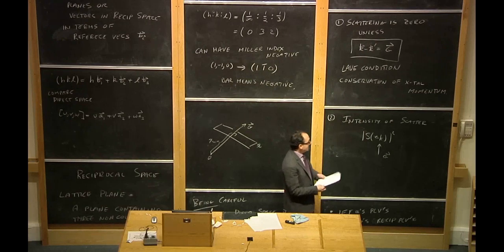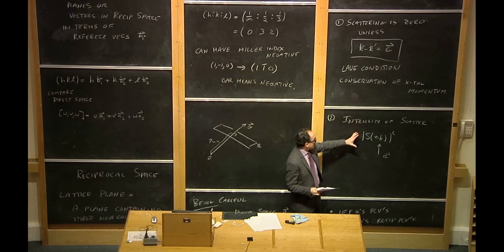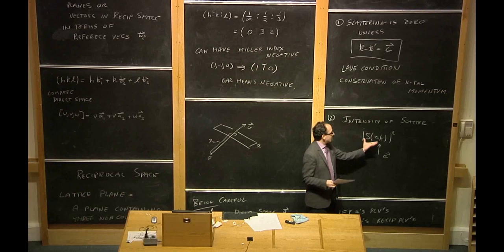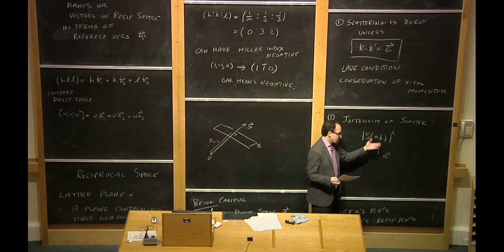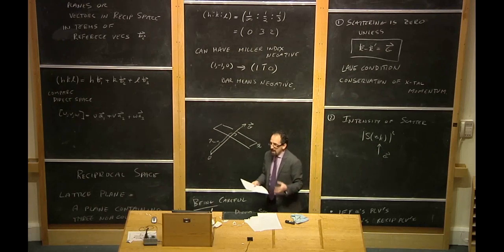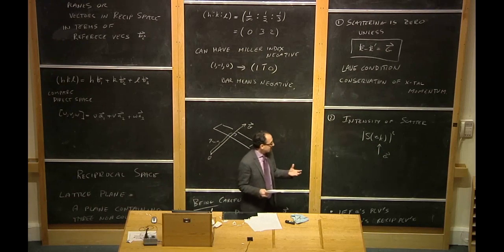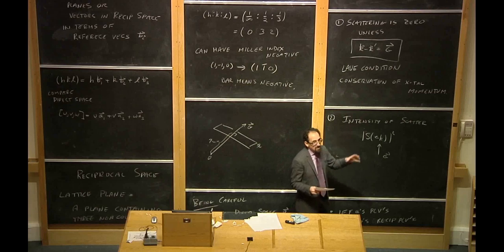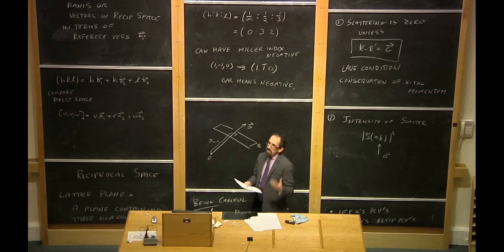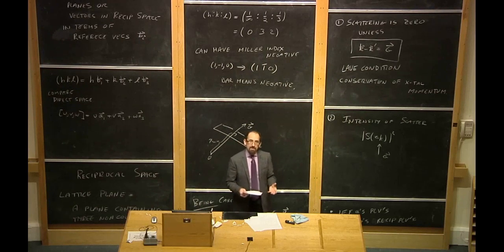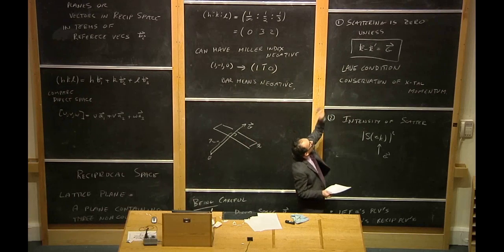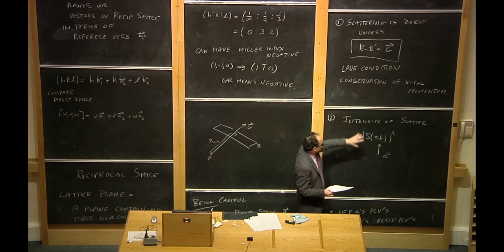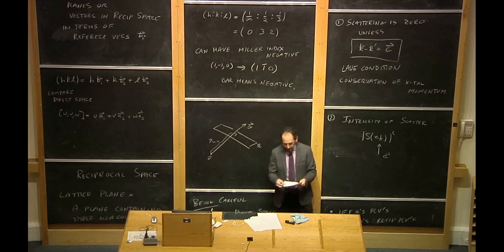So if you measure the intensity of the various scatterings, you can figure out the structure factor. What you're measuring is the structure factor at given reciprocal lattice vectors, which is the Fourier transform of the scattering potential. So in principle, by measuring what is scattered, you're actually measuring the scattering potential.